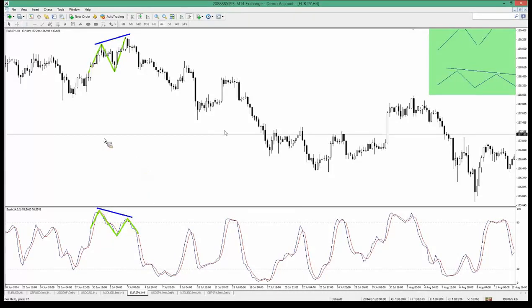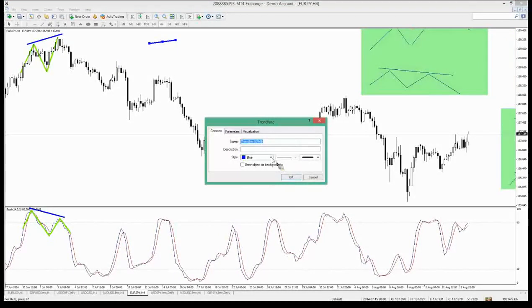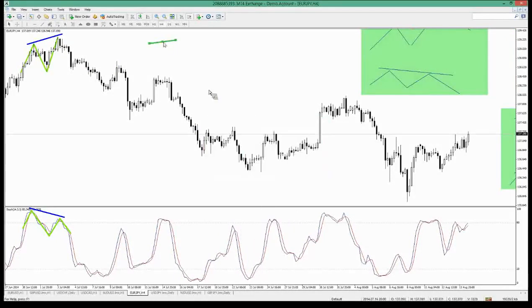Now, if we look at the reverse divergence, this is why I say it does take a little bit of getting used to. We have a trend which we've identified. Price makes a shift down and then it rallies. But look what the indicator does.